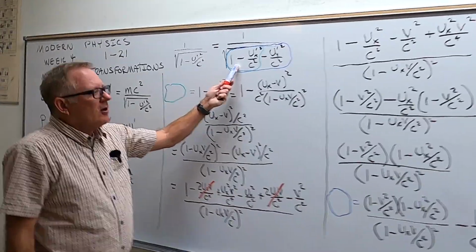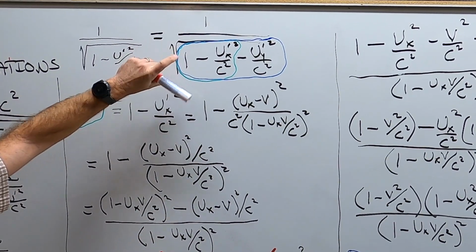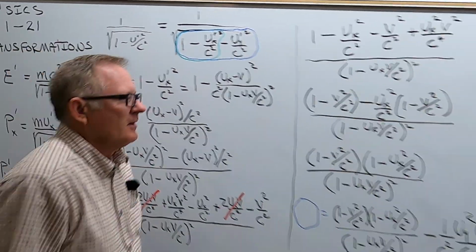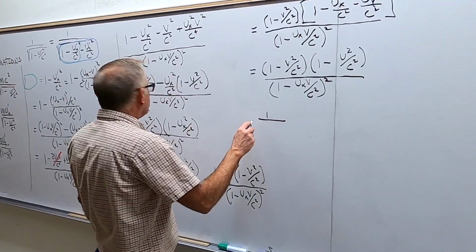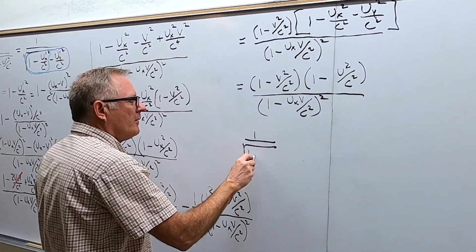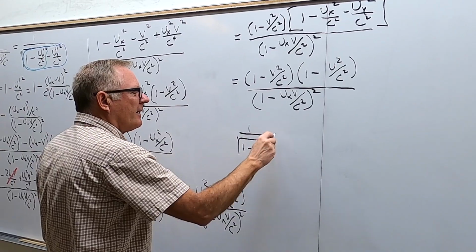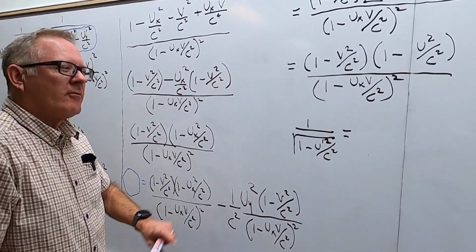So now all we want to do is take the square root of it and flip it, because we want 1 over it. So now we can say 1 all over the square root of 1 minus u prime squared over c squared is the square root of this, and then flipped.